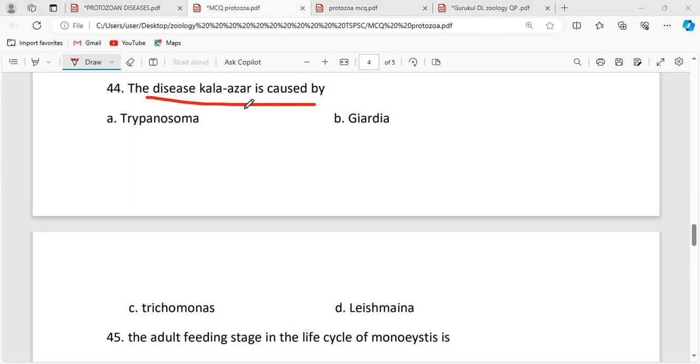You have to know that Kala Azar is caused by Leishmania donovani. Very good. Clear?